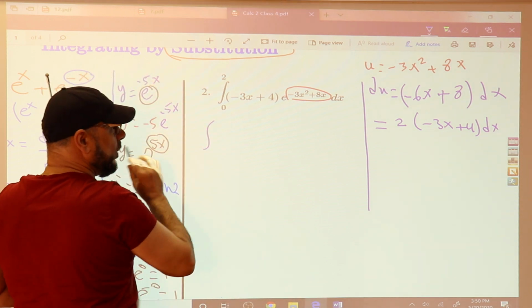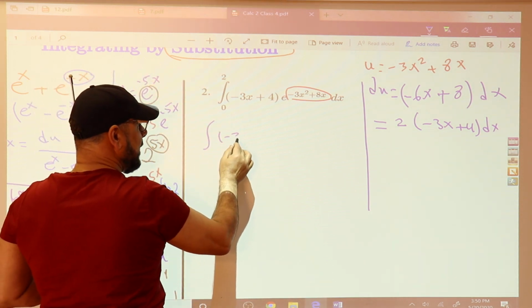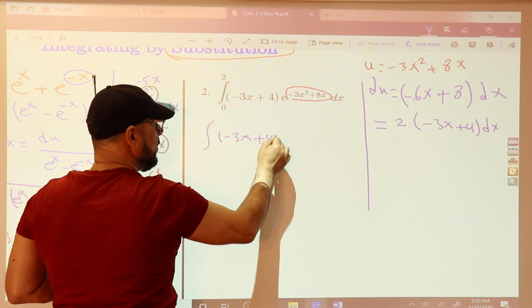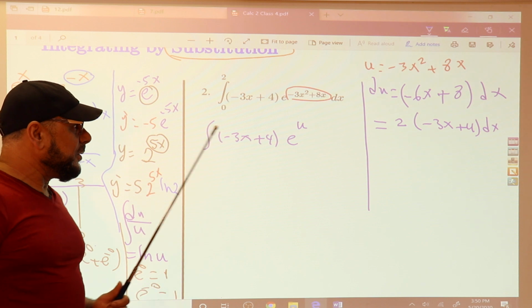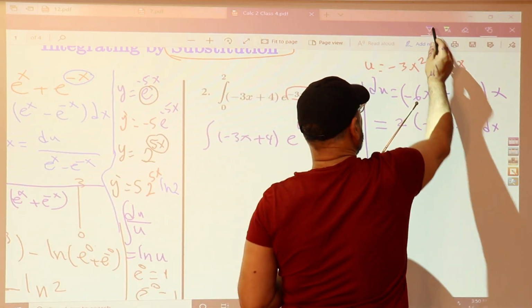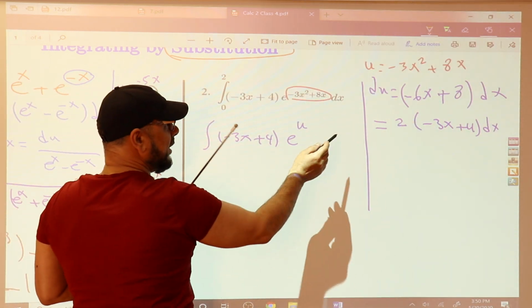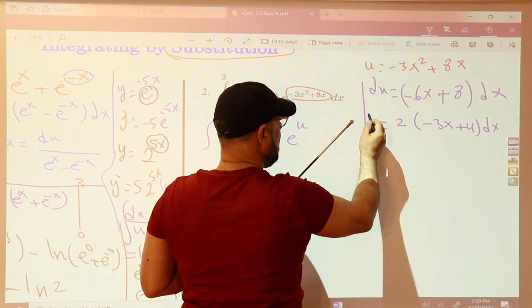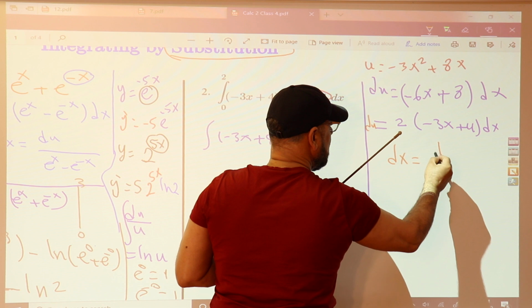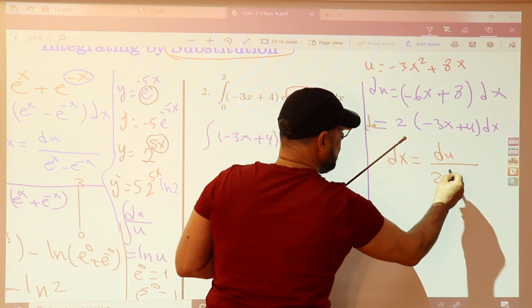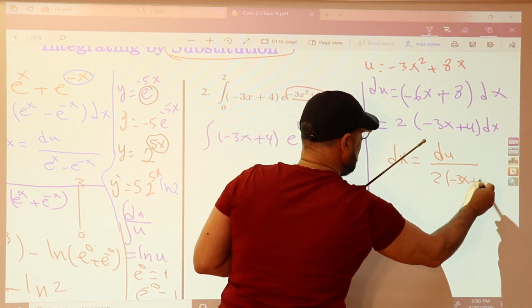Leave the limit. I don't want to touch the limit. This guy, negative 3x squared plus 8x, becomes u. And what is my dx? This is du, so dx equals du over 2 times negative 3x plus 4.